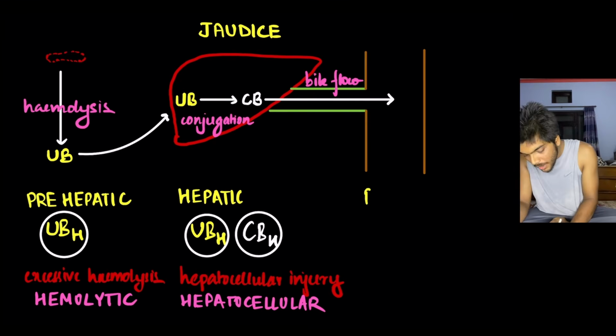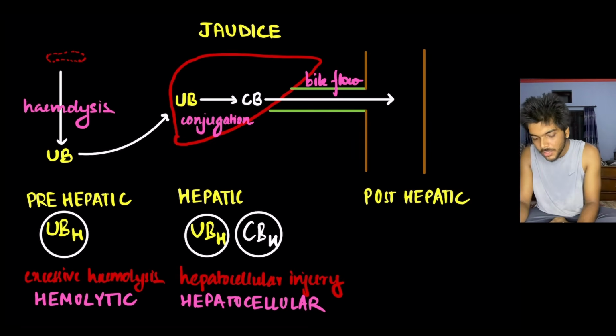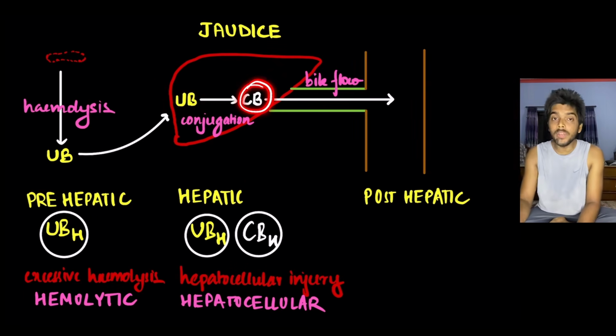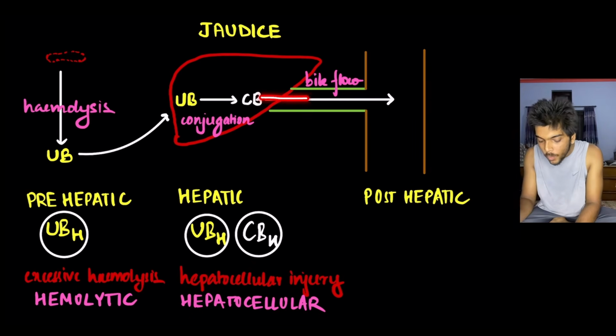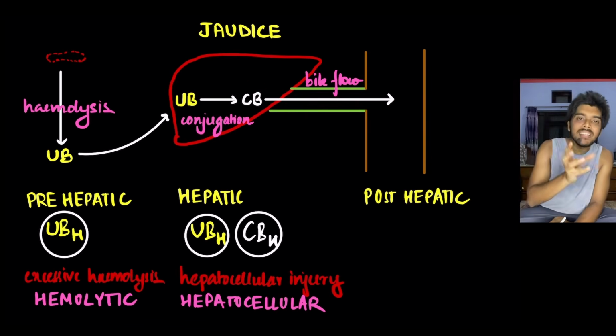So it is referred to as post-hepatic jaundice. After the liver, what is there? See, within the liver, conjugation takes place. Unconjugated bilirubin is converted to conjugated bilirubin. Now this conjugated bilirubin is spilled out into the duodenum along with bile. So it passes through the biliary system.